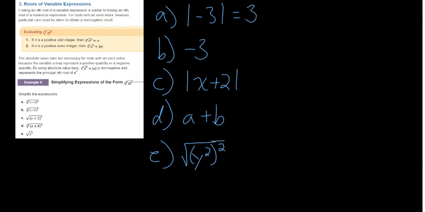So this would be the absolute value of y squared. But similar to A, we know that anything squared is going to be a positive number. You cannot square a number and get a non-positive number, right? So same as A, sort of, we can just write this as simply y squared.